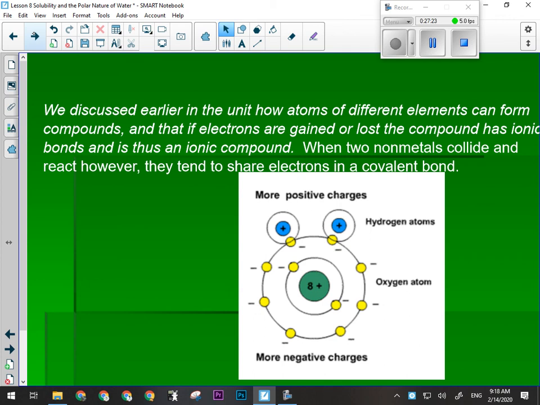So if this is our shared electron, it doesn't really orbit and stay equidistant from there. Its orbit is more like this. It spends way more time around oxygen than it does around hydrogen.